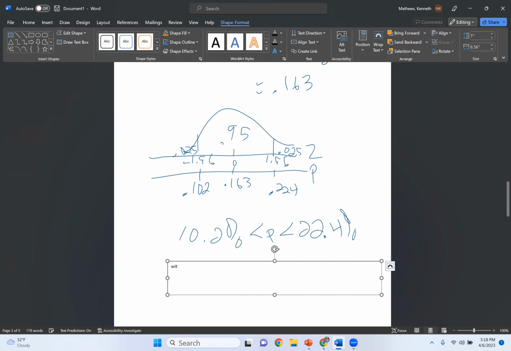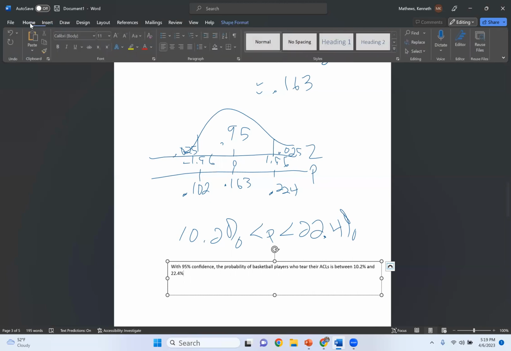So with 95% confidence, the probability of basketball players, we could also say the proportion of basketball players who tear their ACL is between 10.2% and 22.4%. And that problem is done. We only got 2 more to do. How about that?